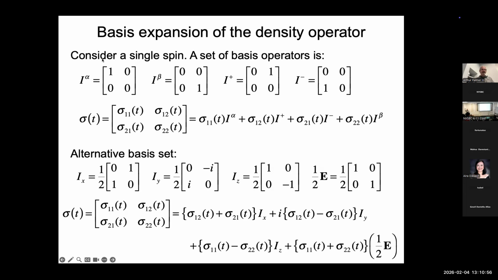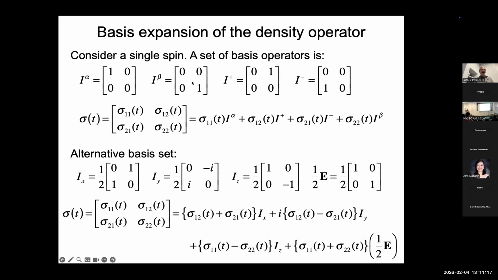So this represents the population of the alpha state. This represents the population of the beta state. If I subtract them and then introduce a factor of 1/2 for normalization, I get Iz, the difference between I alpha and I beta.